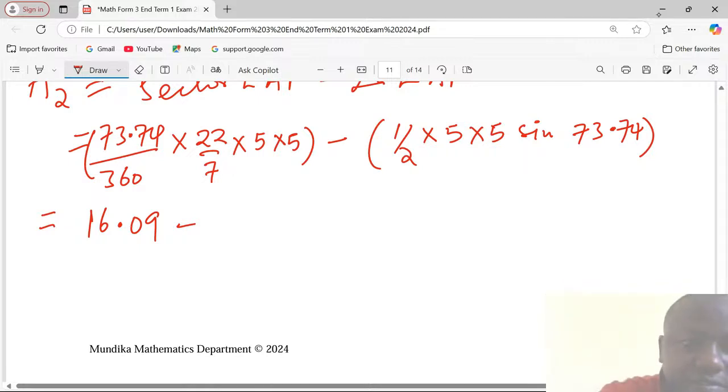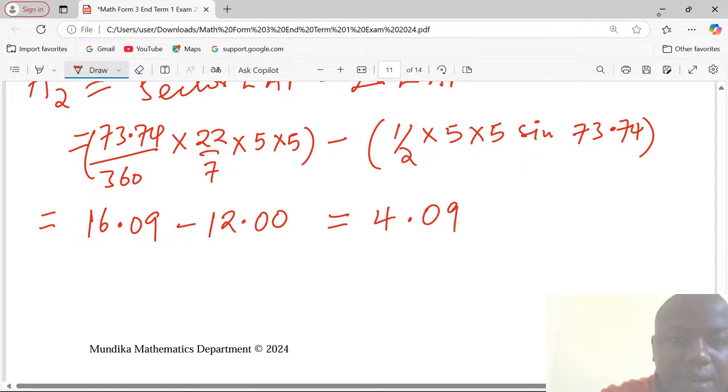I'm getting 12. So 16.09 minus 12 will give us 4.09 square centimeters.